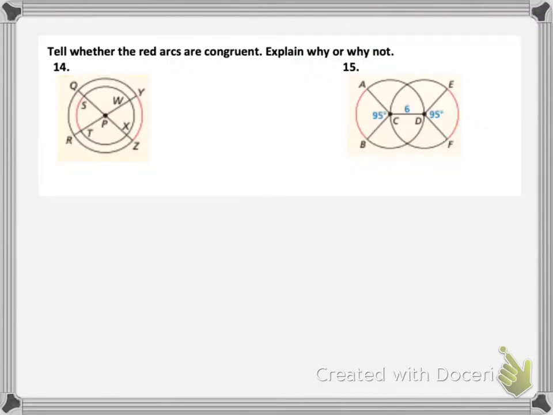So the last two, tell whether the red arcs are congruent, explain why or why not. So in order for arcs to be congruent, they need to have the same radius, and they need to have the same measure. Same radius, same measure. So in our first red arc, and our second red arc, if you're not paying attention, they do look like they are congruent, but they are not.